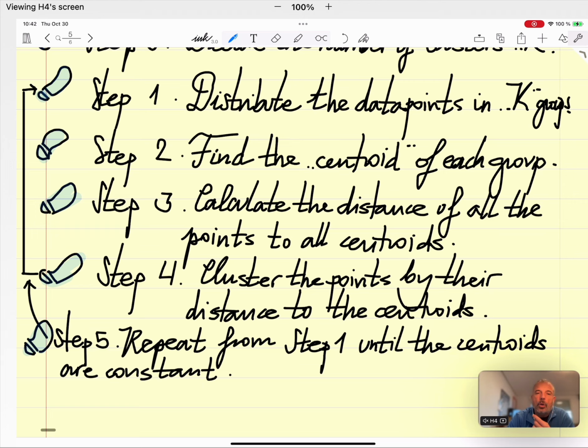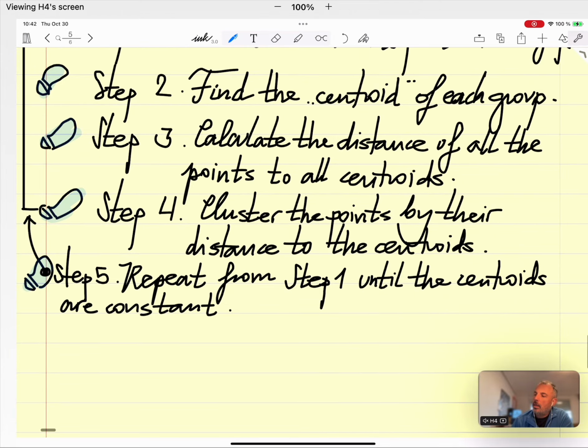If you don't repeat, you don't get points, okay, in the exam. If I ask this and you don't corroborate that your centers do not change, then you haven't closed the algorithm and you have not done the exercise correctly. I hope I make my point very clear, okay?